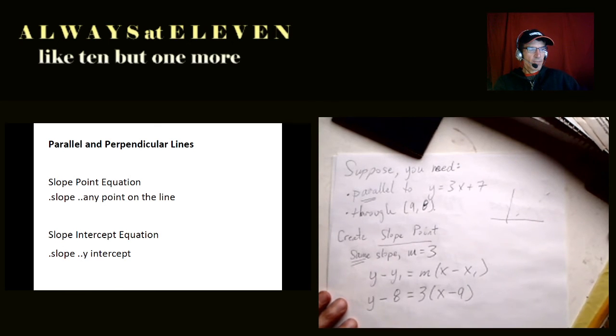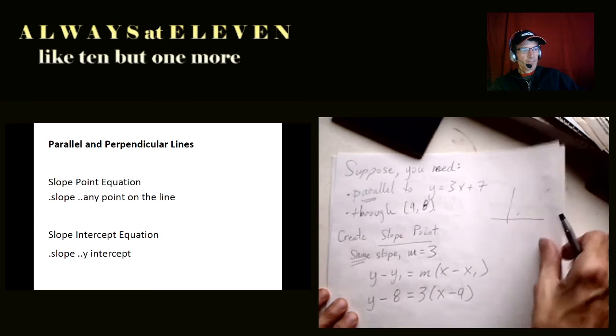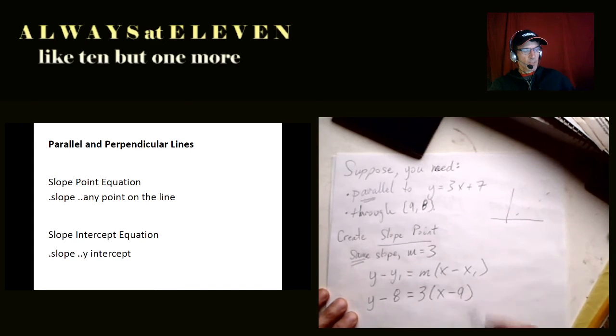However, if they ask for the slope-intercept form, then what you have to do is multiply this equation out so that you can get it into the form y equals mx plus b. So let's do that. This one here, for the slope-point form, finished.